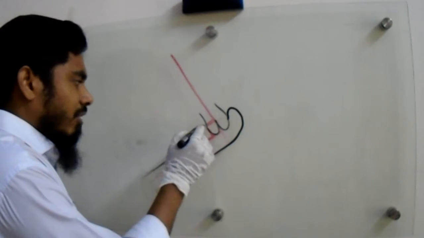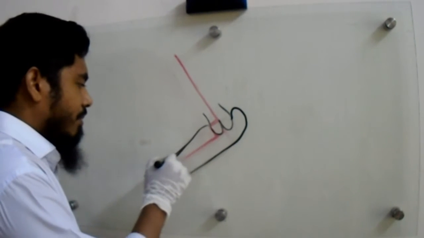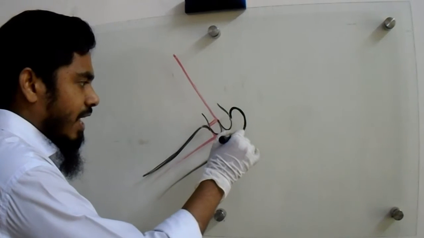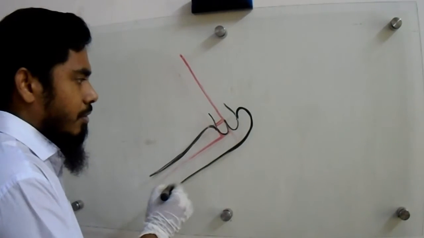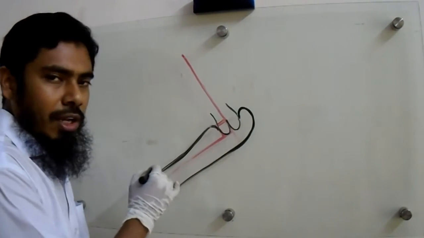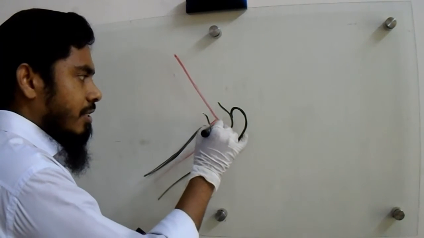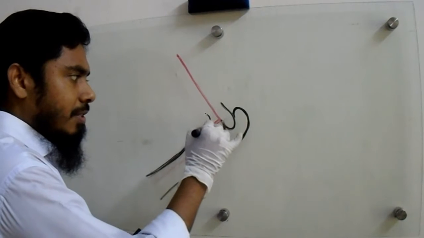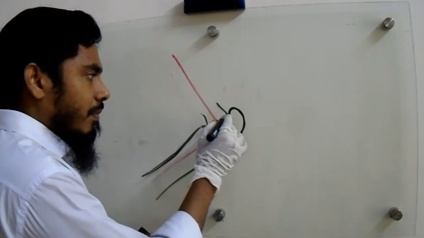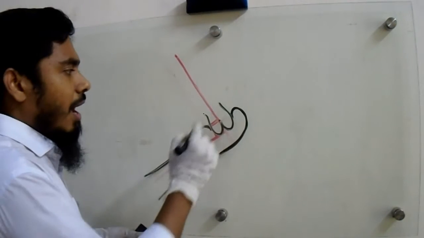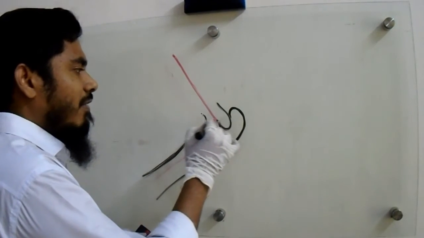And anterior wall of the vagina is 7.5 centimeter long, and posterior wall of the vagina is 9 centimeter long. So it is longer than the anterior wall. Okay. The area of the cervix, this portion is the cervix. Within the vagina, this area is the intravaginal part of the cervix, and this is the supravaginal part of the cervix.